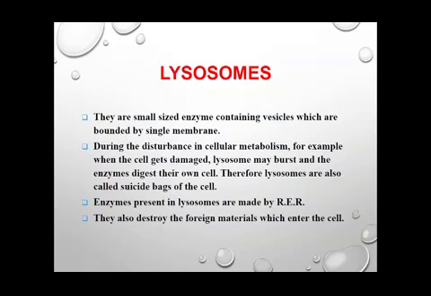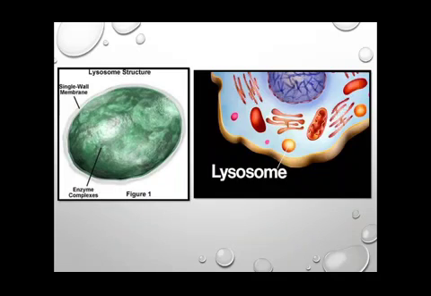Okay, so the enzymes which are present inside the lysosomes are made by the rough endoplasmic reticulum, and the lysosomes also help in the destruction of foreign materials if they enter the cell. So now this is the structure of the lysosome.